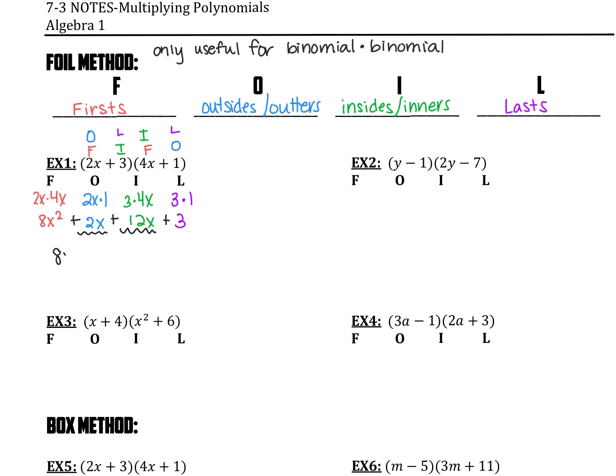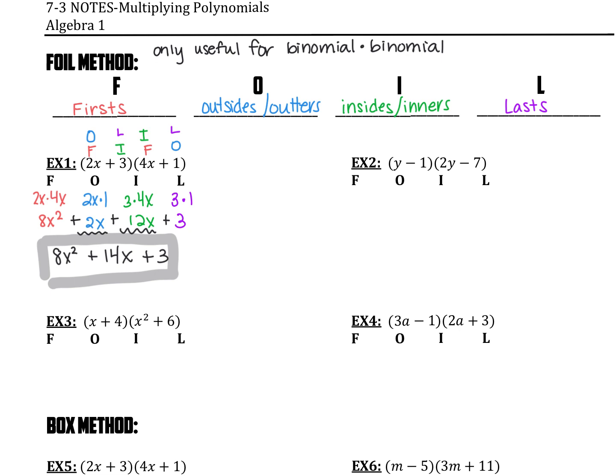So I end up with 8x squared plus 14x, because 2x plus 12x is 14x, plus 3. So this is what it looks like to use the FOIL method. And when I multiply a binomial by a binomial, in this case I got a trinomial, 3 terms, because my middle 2 terms added together. They were like terms.